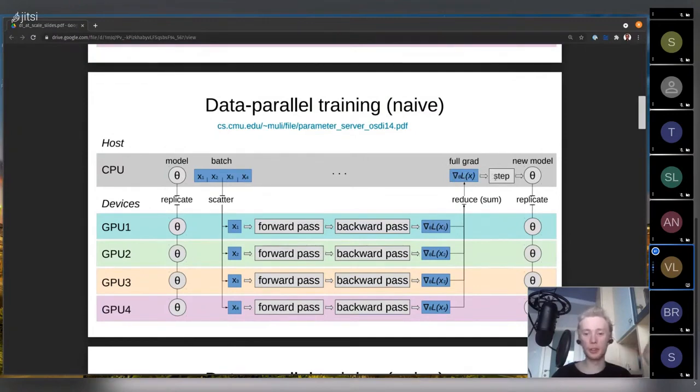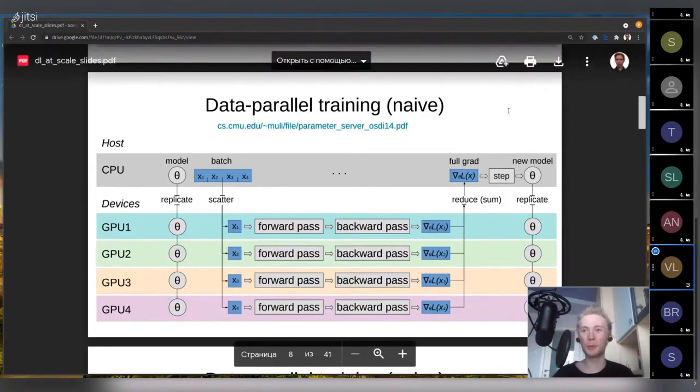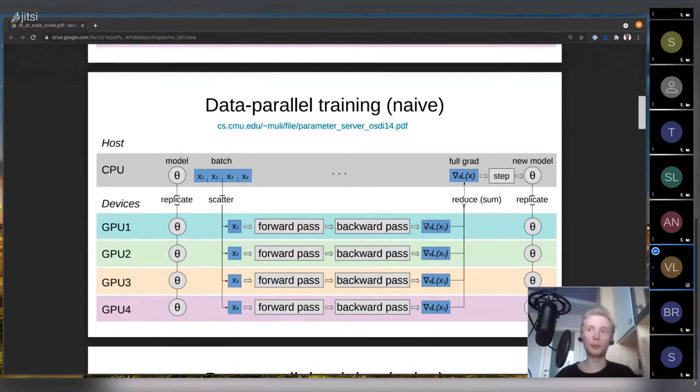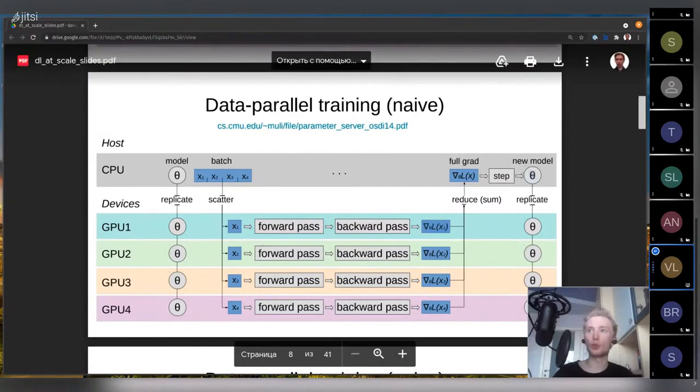In PyTorch terms, we are doing optimizer.step. In mathematical terms, what we're doing is we are subtracting the gradient multiplied by learning rate from all the parameters. And so this subtraction will have to happen jointly.